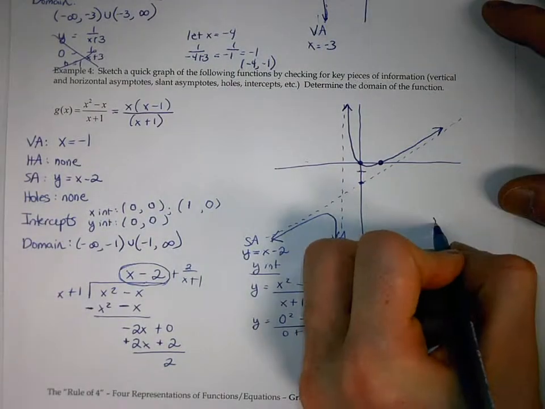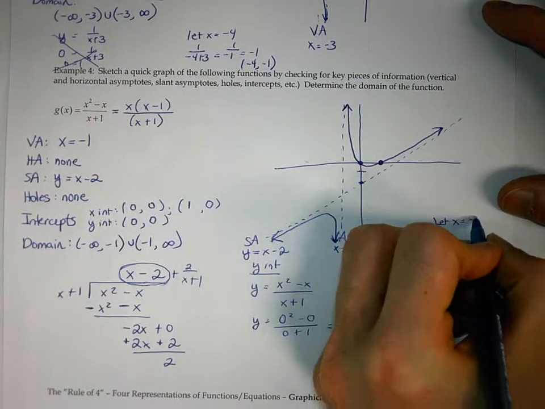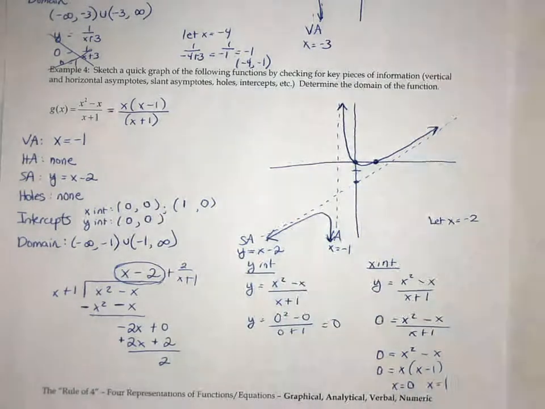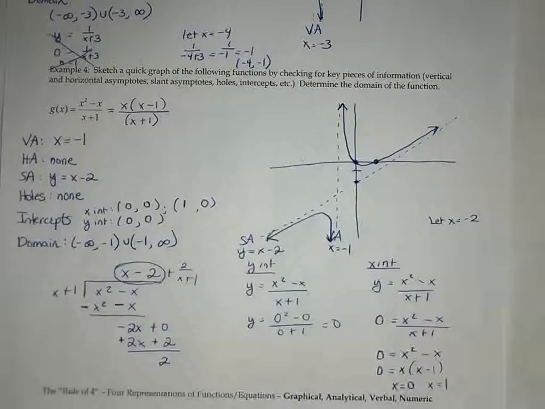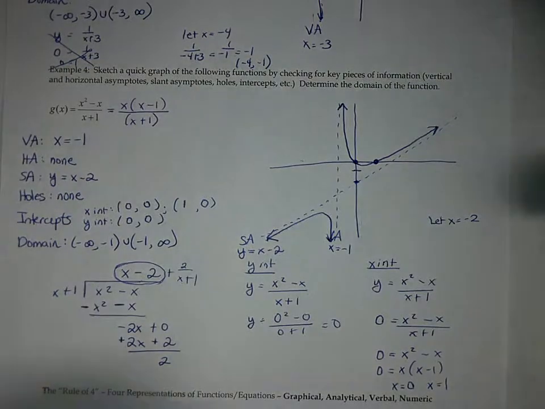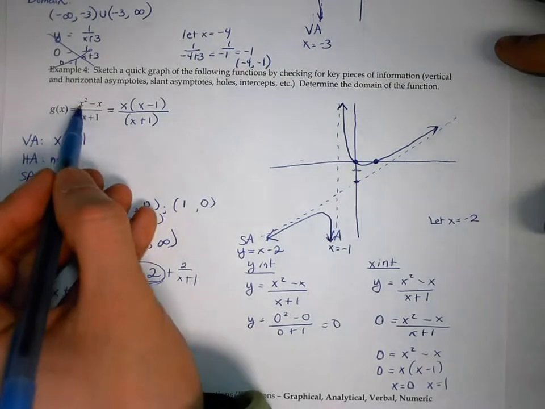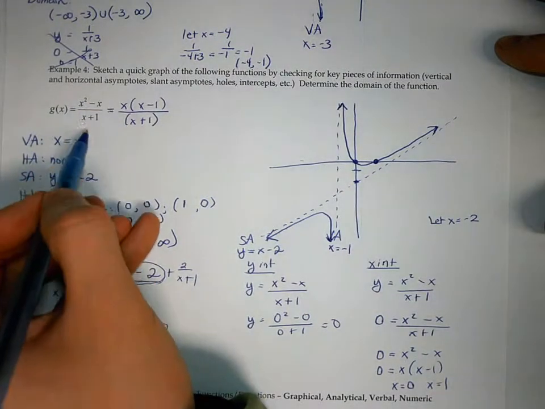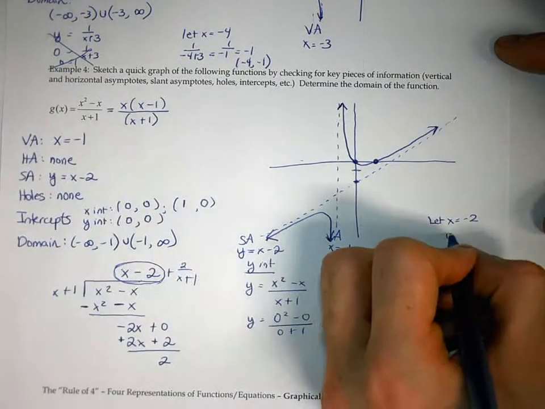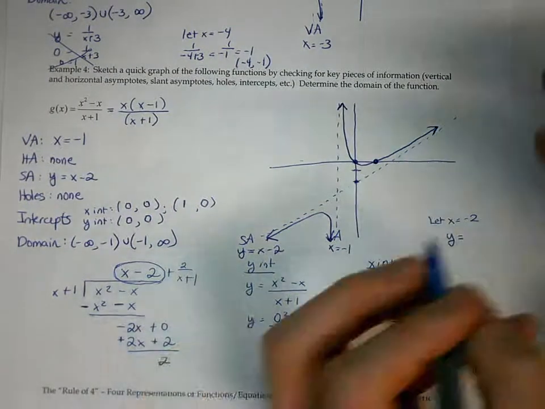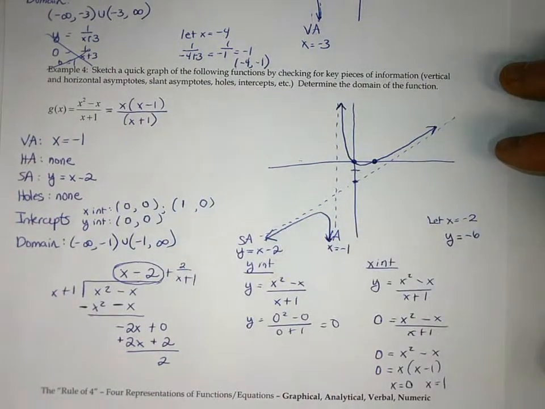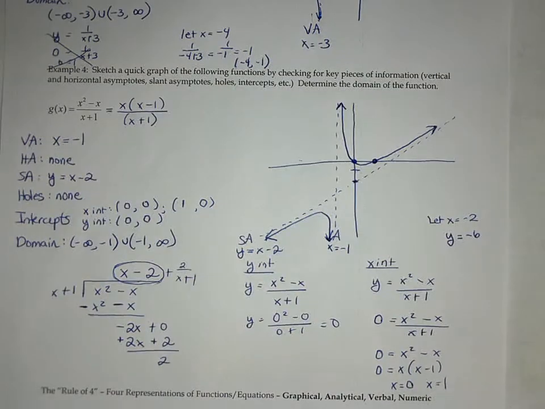Let's say we let x equal -2. Well, let's choose something further over than -1. If we let x equal -2, we plug in -2 here, -2 quantity squared minus -2 over -2 plus 1. We get y is going to be -6. So at -2, I'm going to be way down here at -6.